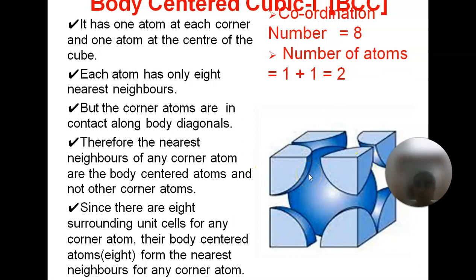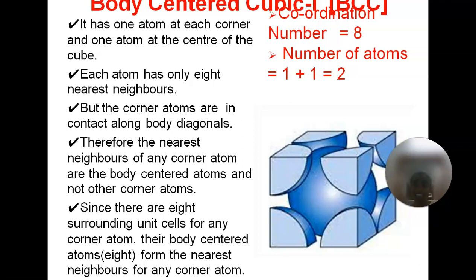But each is not fully shared in the respective unit cell; it is shared by the nearby unit cells at the top, bottom, right, left, front and back. So it is 1 by 8 into 8, and we have only one atom from the corners.